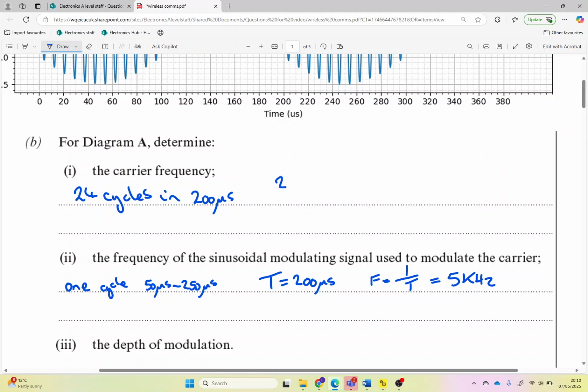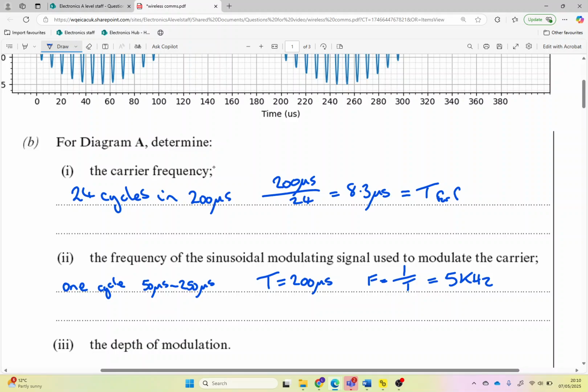Therefore 200 microseconds divided by 24 equals 8.3 microseconds, and that's the time period for the carrier. So frequency equals 1 over that time period, giving me a carrier frequency of 120 kilohertz.